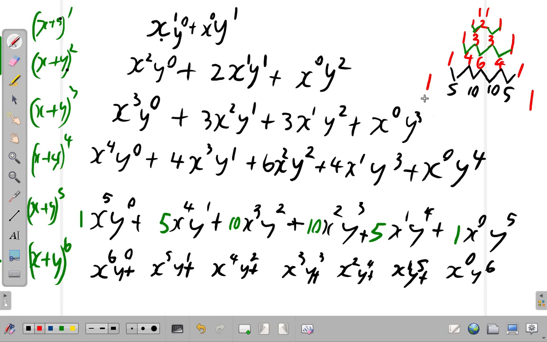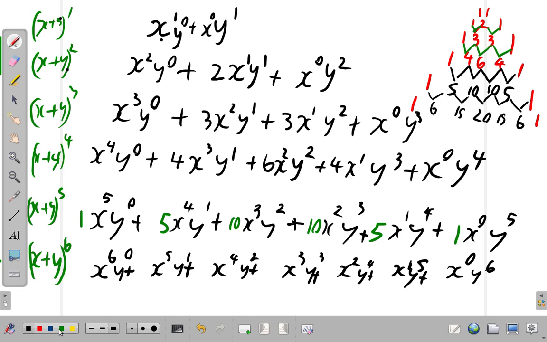And then we have 1 at each end, 1 and 1. Now, what are the numbers that should be between the 1 on the left and the 1 on the right? 5 plus 1 is 6, so we should have 6. 5 plus 10 is 15, we should have 15 here. 10 plus 10 is 20, so we have 20 here. 10 plus 5 is 15, 15 here. 5 plus 1 is 6, so we have 6 here.